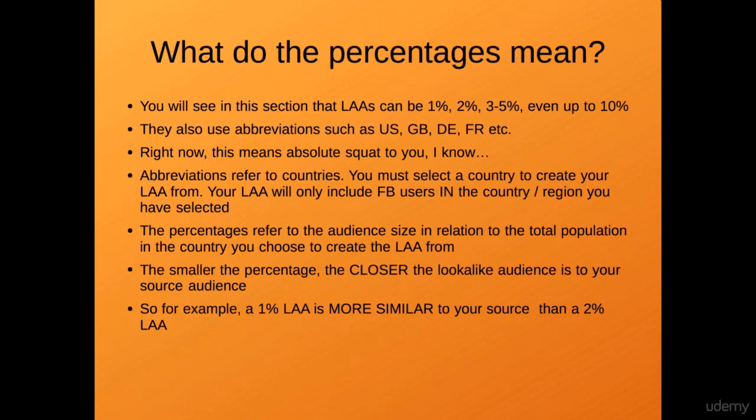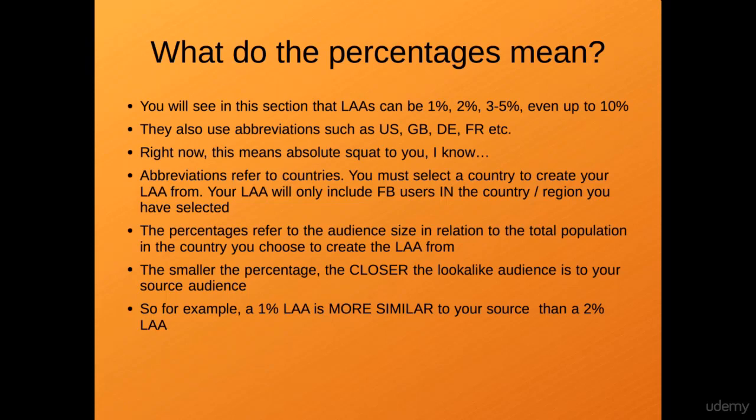And what do percentages mean? You'll see in this section that lookalikes can be 1%, 2%, and up to 10%. And they also have abbreviations such as US, GB, DE, FR, etc. And right now this means nothing to you. So let me explain what both the percentages and abbreviations refer to and mean. Abbreviations are very easy. These are basically the country that you create your lookalike audience from.